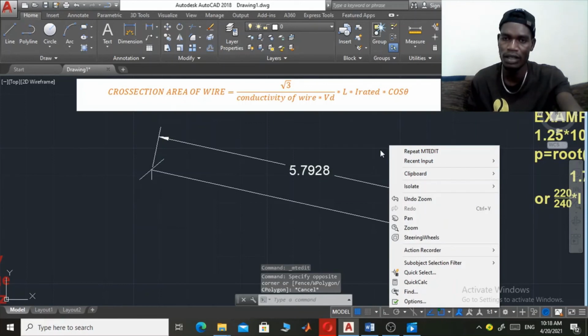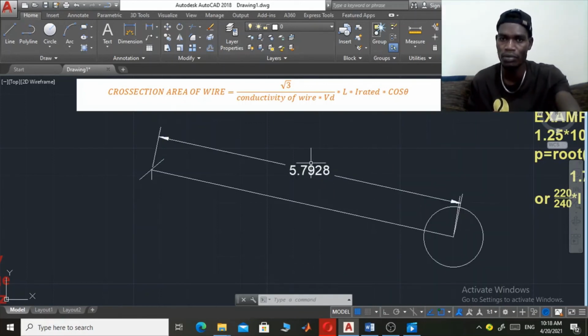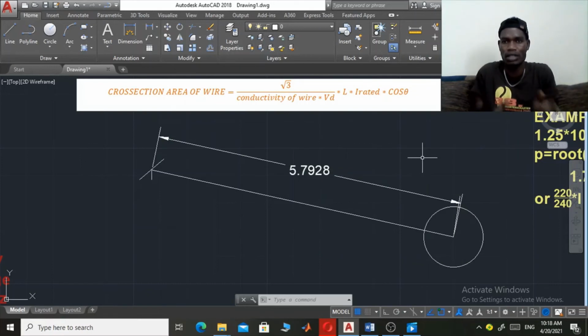It is a very important parameter in order to take power from one source to another, from one area to another area, so it is like a pipe or a transportation system.